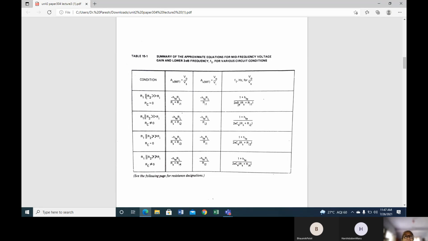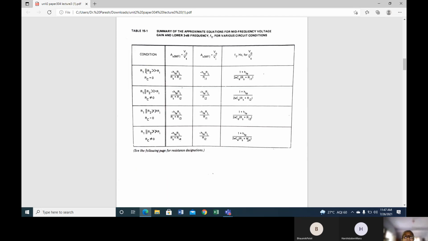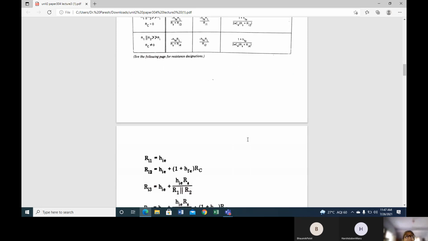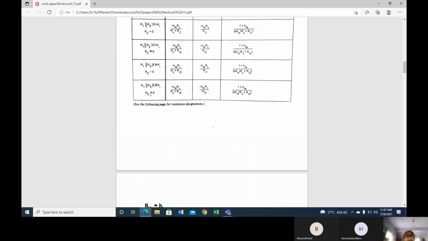All right. And here you have Ri1. See, in this particular first case, Ri1 is equal to HIE. Then we take RC not equal to 0. Coupling capacitor and CE, both of them have got some dissipation, so the equivalent circuit of the capacitor will be a capacitor in series with a resistor.